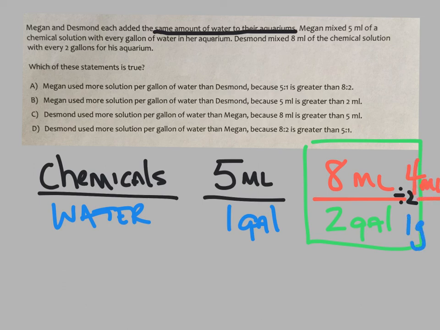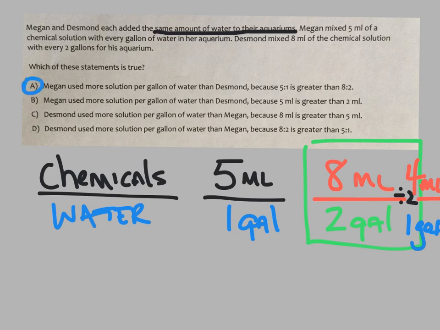Now we could do an easier comparison. Who put more chemical in each gallon? It looks like Megan did. Megan used more solution per gallon than Desmond because 5-to-1 is greater than 8-to-2. Since 8-to-2 simplifies to 4-to-1, 5-to-1 is greater than 4-to-1. That's true. So A looks like a pretty good answer choice.